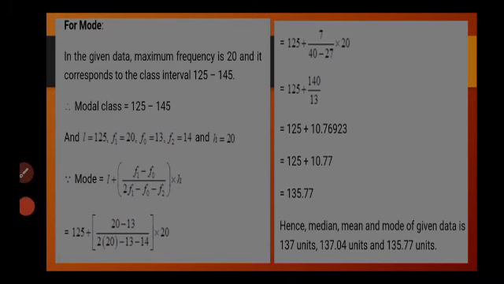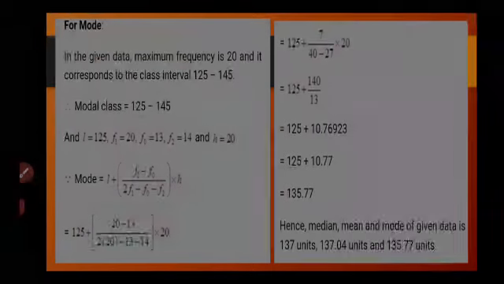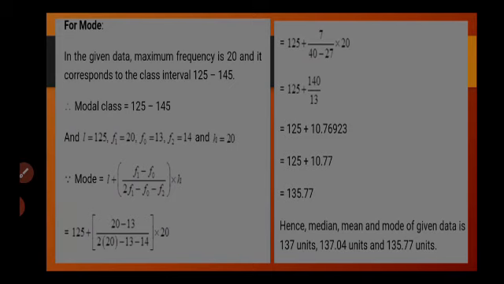Okay. Next is finding the mode. In the given data you can observe the maximum frequency is 20, and the corresponding class interval is 125 to 145. So the modal class is 125 to 145. Here L is the lower limit, 125 only, clearly seen. F1, the frequency of the modal class, is 20.